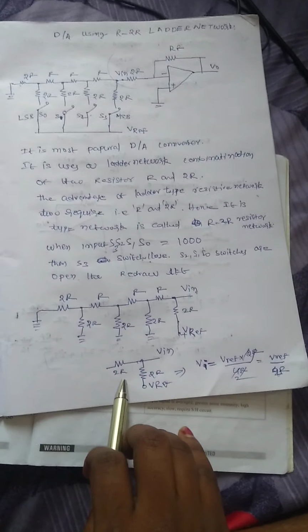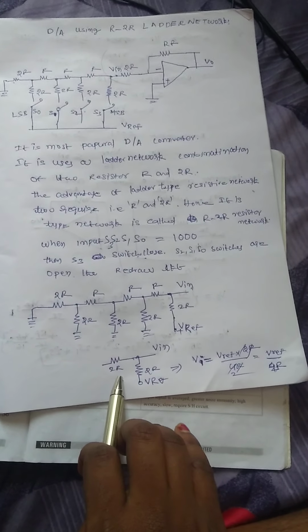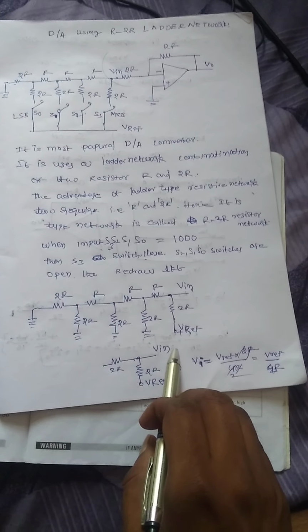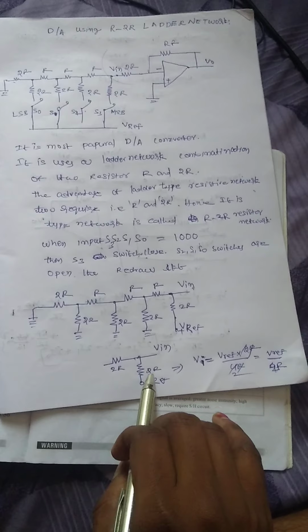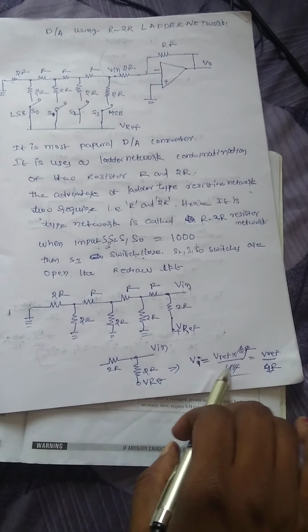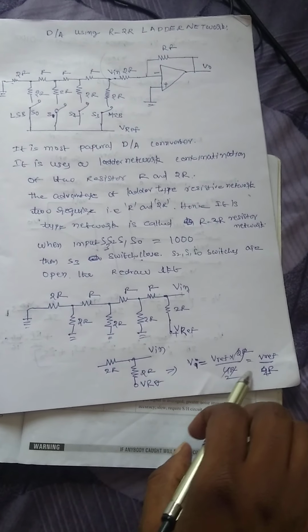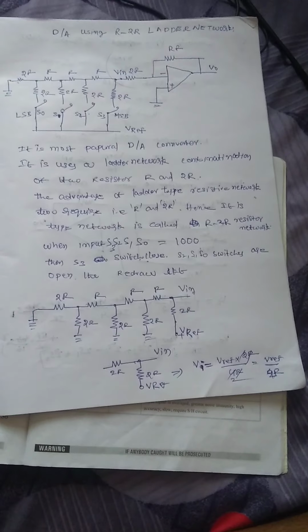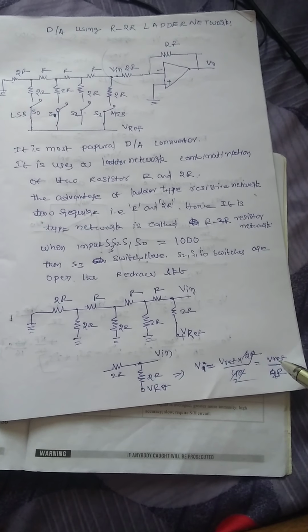So from the voltage divider, Vin is equal to V reference, the total voltage, into the voltage across this 2R resistor divided by the total resistance. We get Vin equal to V reference by 2. This is when the input is 1 0 0 0.